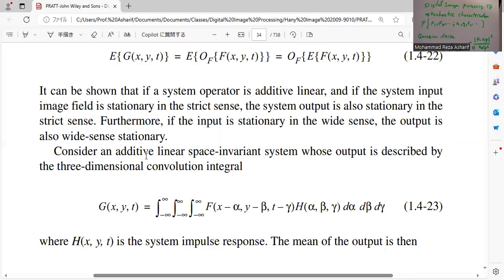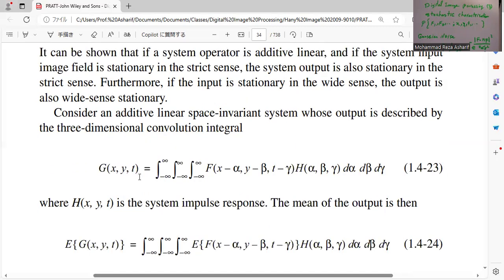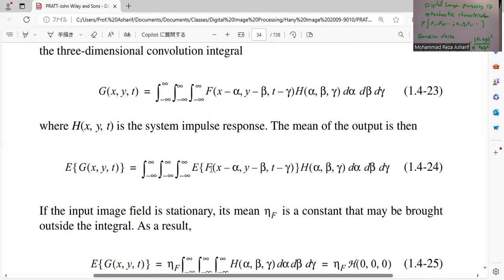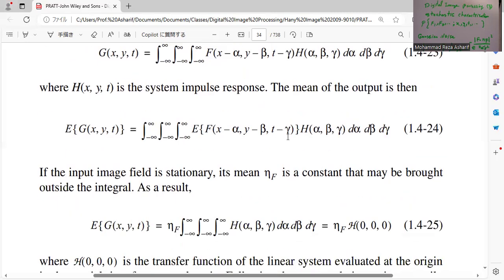Consider an additive linear space invariant system whose output is described by the two-dimensional convolution like this. G(x,y) is f convolved with the impulse response h. And we take the expected value of both sides.